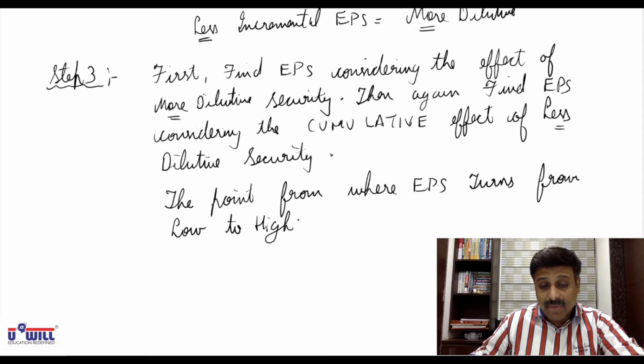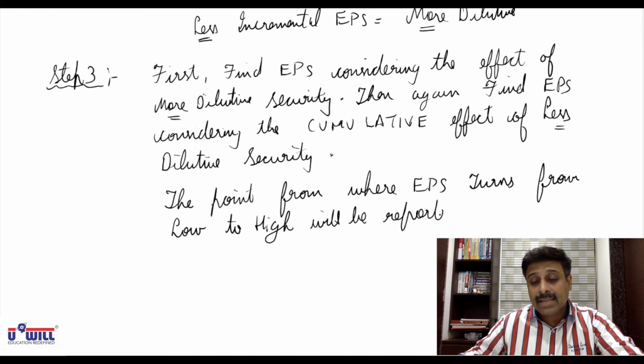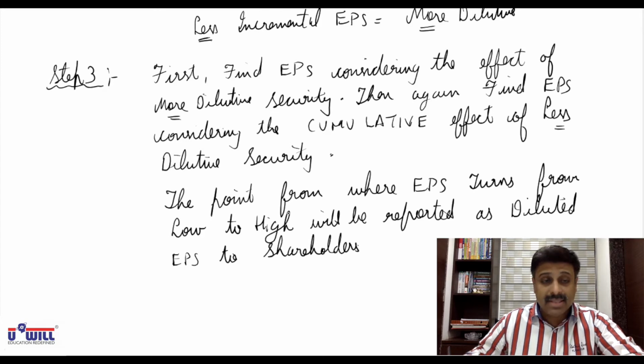So the point from where the EPS turns from low to high will be reported as diluted EPS to shareholders. So you will be clear with the question once we solve it, exactly what are these 3 steps.